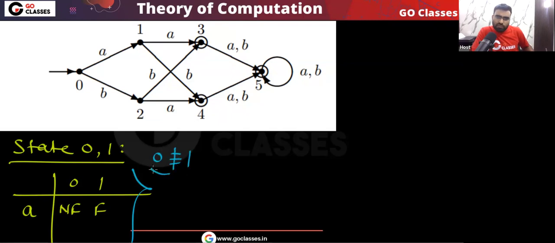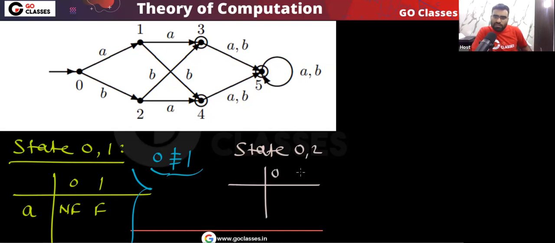What about 0, 2? Similarly, 0, 2 are also not equivalent. On symbol B, state 0 goes to non-final and state 2 goes to final. So state 0 is not equivalent to state 2.